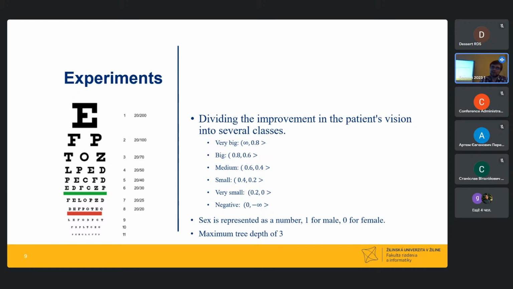You can also see the example of Snellen chart on the picture. 0 means that the patient couldn't read even the biggest letters, and 1 means he could read all the letters. And the parameter is represented as a number, 1 or 0, and we also chose maximum depth of 3. So it's relatively simple and easy to read.